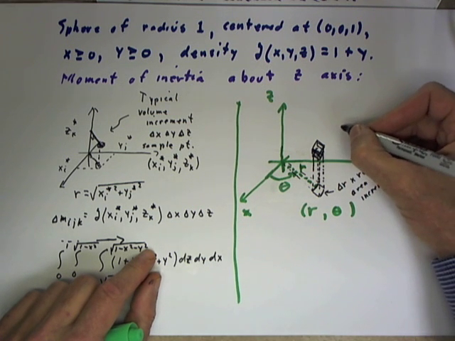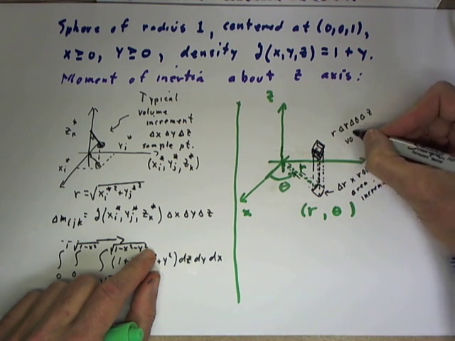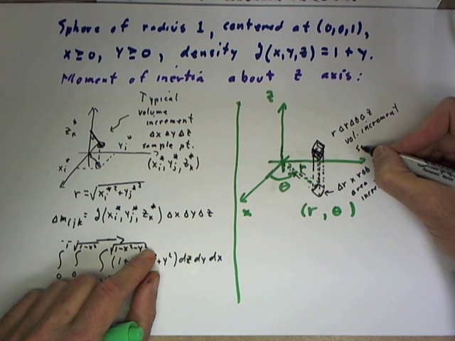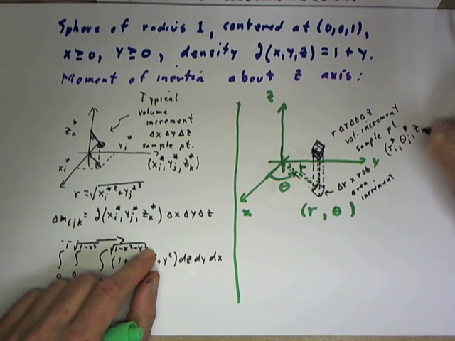So this is the r delta r delta theta delta z volume increment with sample point ri star, theta j star, and zk star.